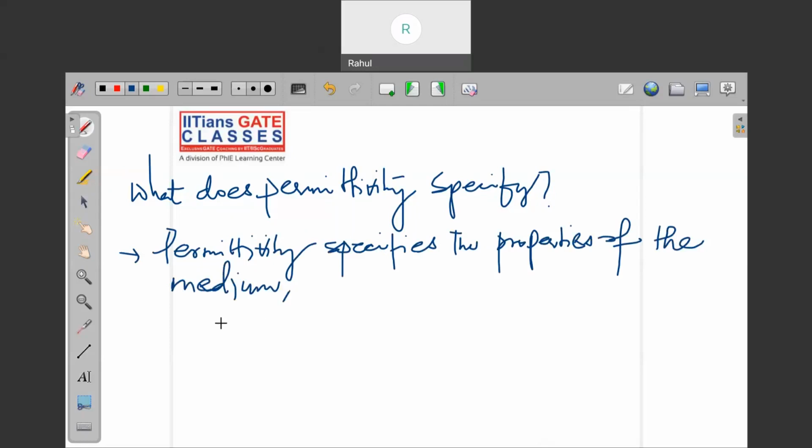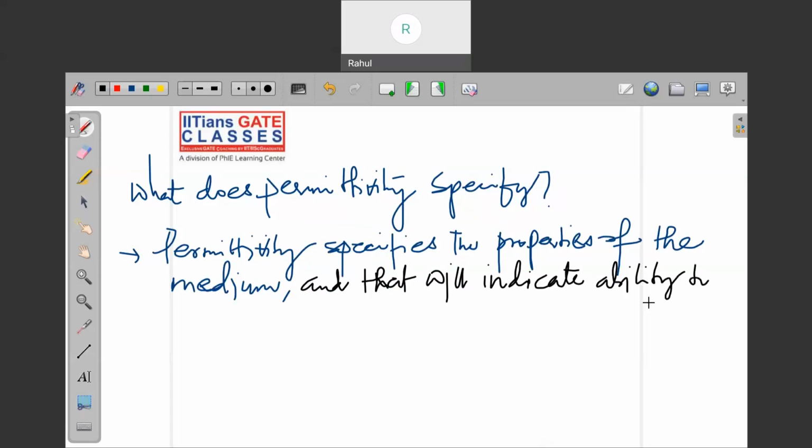Remember this always, and it will indicate the ability to store electrical energy. I'm not going into details, I'm just telling you what it specifies.